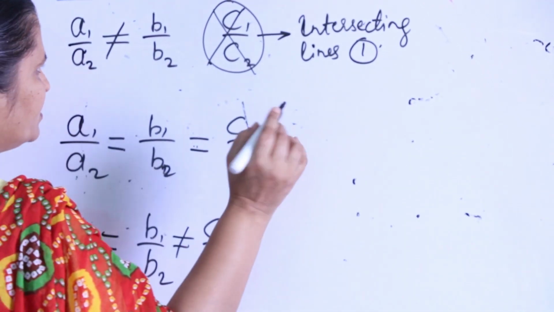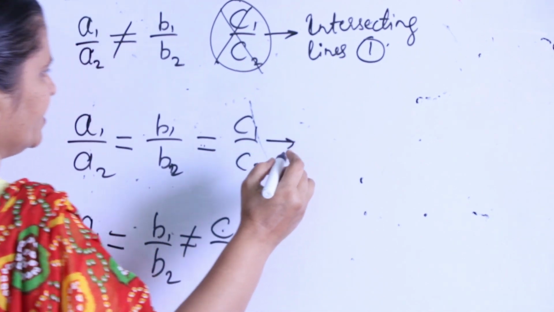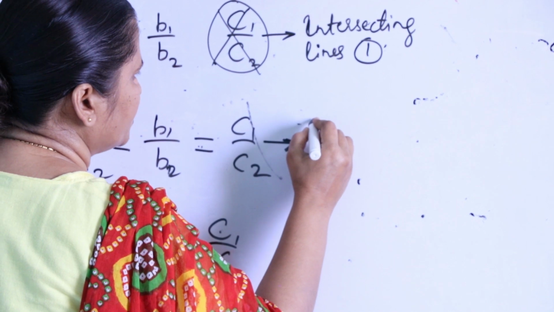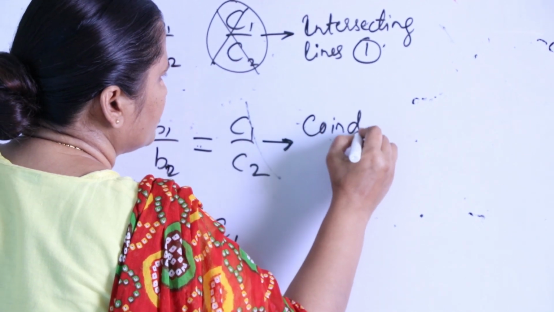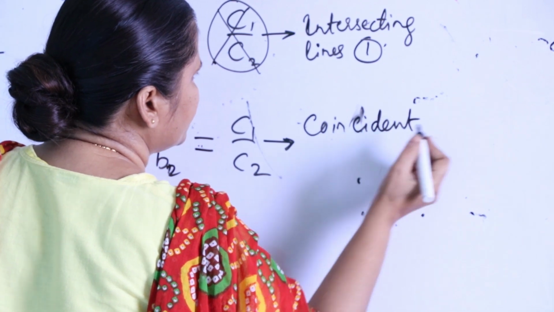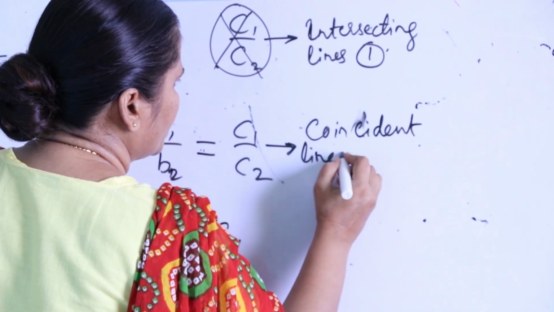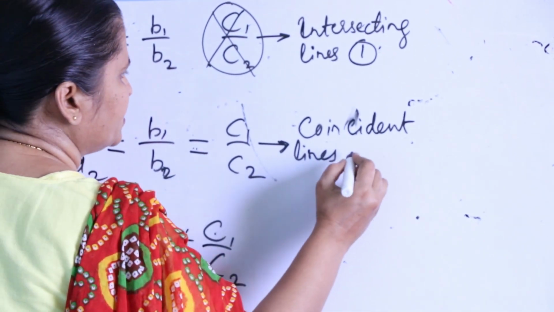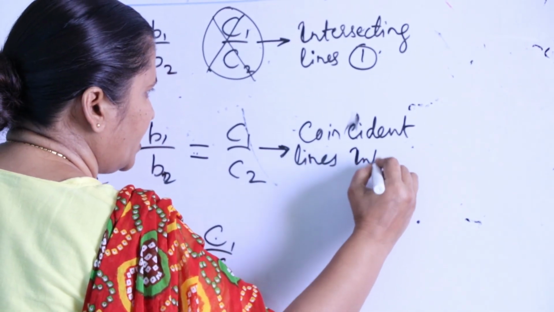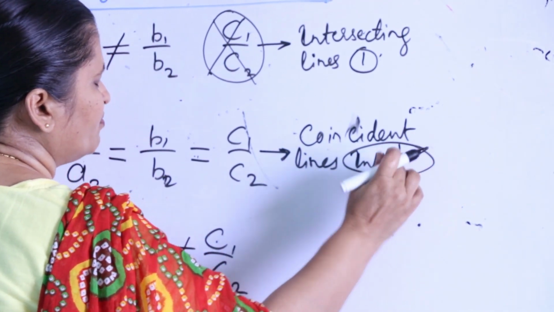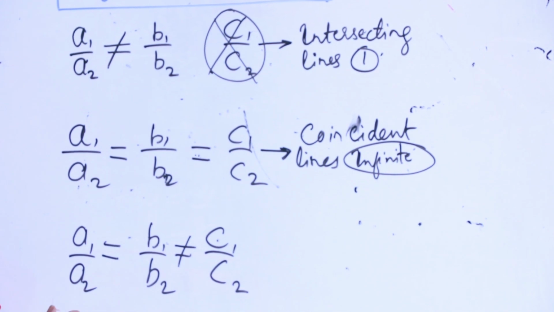Now, if all the three are equal, then such a system is called coincident lines. What kind of lines do they form on the Cartesian plane? Coincident lines. And how many solutions, children? We discussed already. Infinite number of solutions we get.